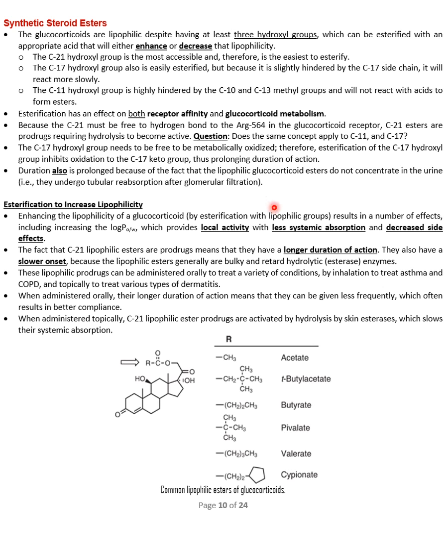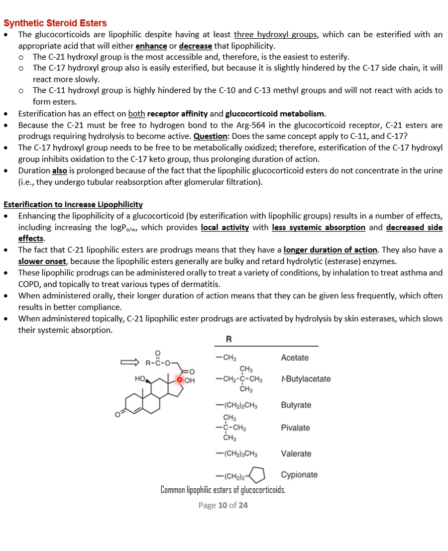Now, as you can expect, the addition of ester groups to any of these OHs will affect not only the affinity of how these glucocorticoids bind to the receptor, but they will also affect the metabolism. If you remember earlier, having an OH group here was required for the oxidation on C17 to occur. So if we add an ester group here, this drug will no longer be metabolized at this C17.